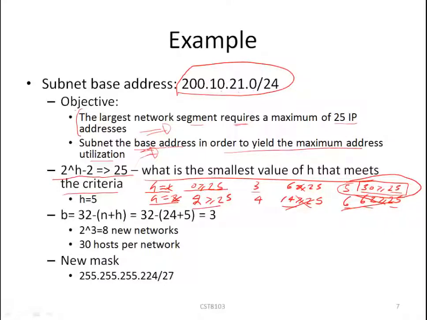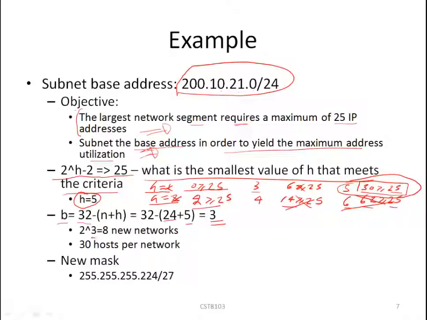Alright, now that we have the number of host bits that meet our criteria, how many bits do we need to borrow? So the formula is 32 minus (n, which is 24, plus h, which is the number of host bits). So 24 plus 5, 29, subtracted from 32 equals 3. So we have borrowed 3 bits.